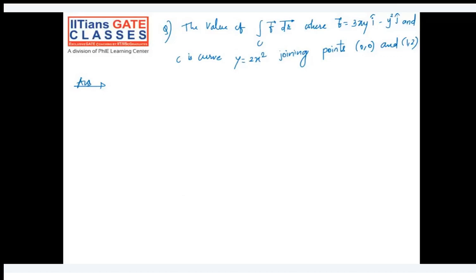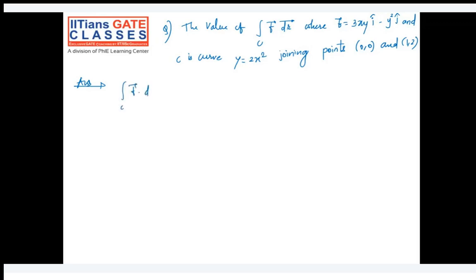Yeah, so as I said, integration over curve C f bar dot dr bar is equal to integration over C f1 dx plus f2 dy plus f3 dz. So this is your f1, this is your f2, and f3 you don't have here.